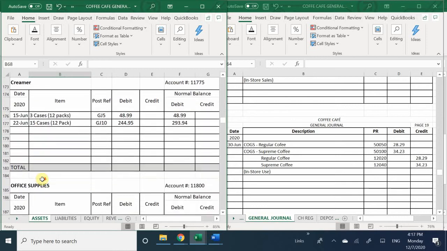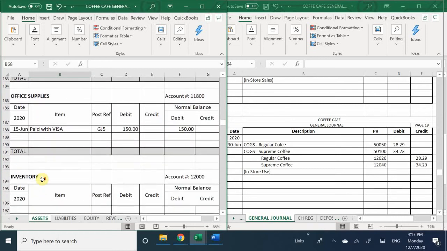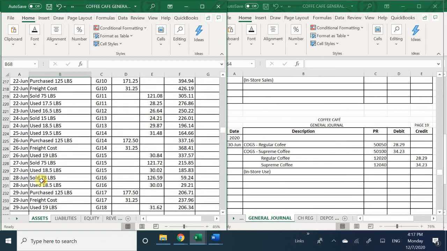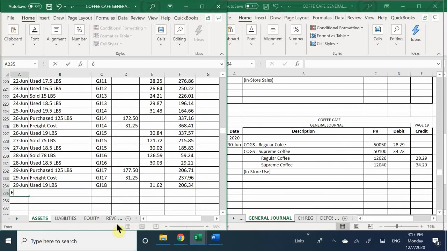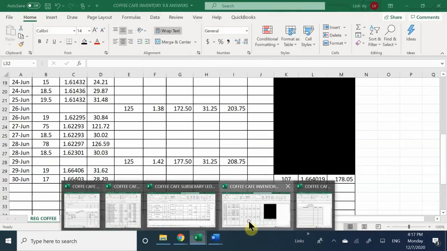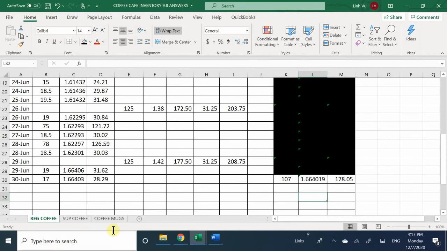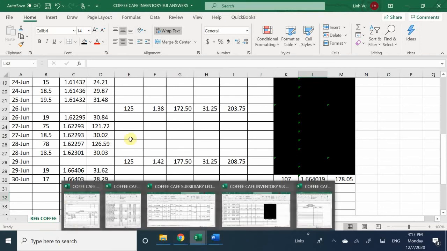Regular coffee, 630, used, 17 pounds, General Journal 19, 28.29. And the new total is $178.05, and we match. That's what I got. Awesome. Good.